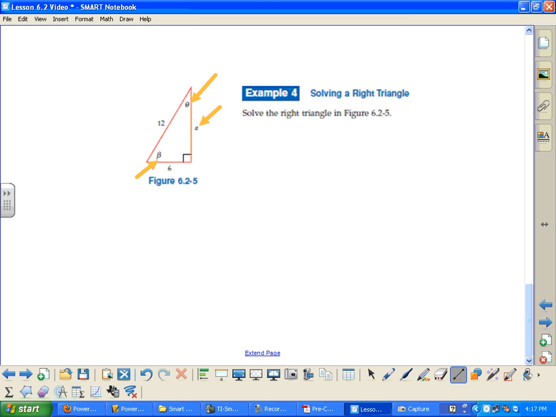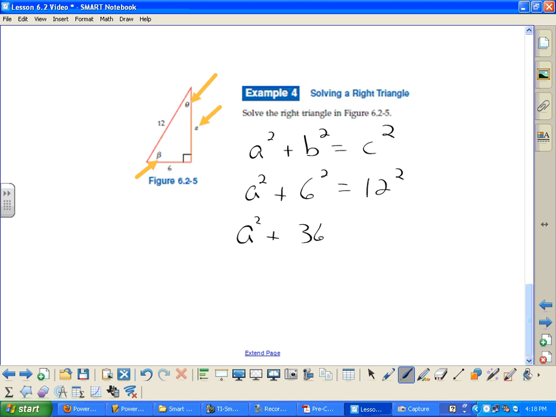Now let's first, since we know two sides of the right triangle, let's find the third side first. And so to find side A, we're going to use the Pythagorean theorem. So a squared plus b squared equals c squared. And let's see, well, A is the side we're missing, so we can't use that. And so we'll put 6 in for B and 12 in for C. So we get a squared plus 36 equals 144.